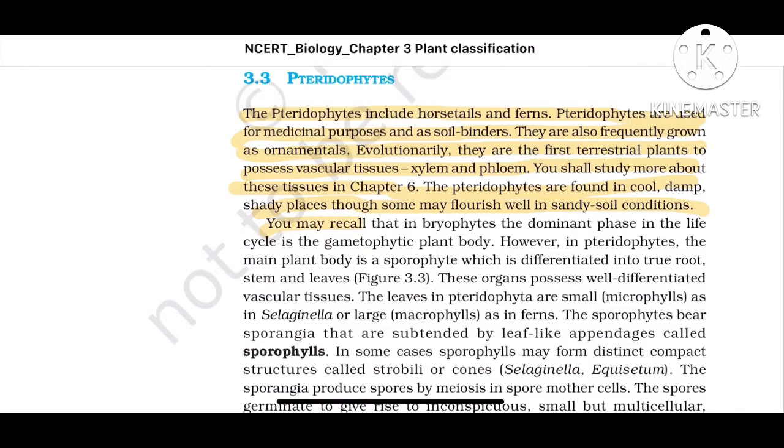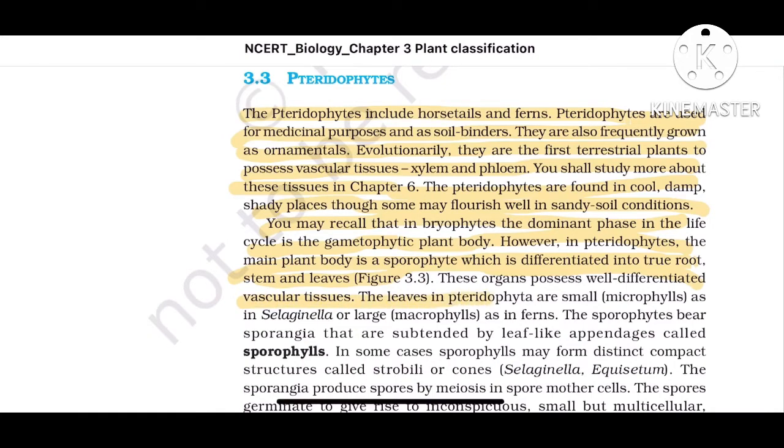You may recall that in bryophytes, the dominant phase in the life cycle is the gametophytic plant body. However, in pteridophytes, the main plant body is a sporophyte, which is differentiated into true root, stem, and leaves. These organs possess well-differentiated vascular tissues.